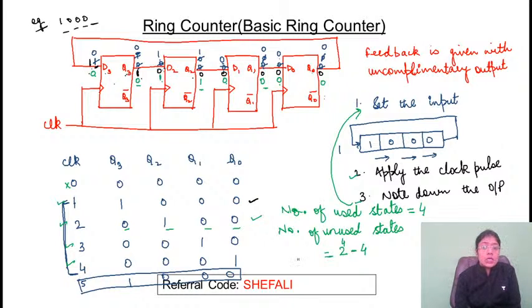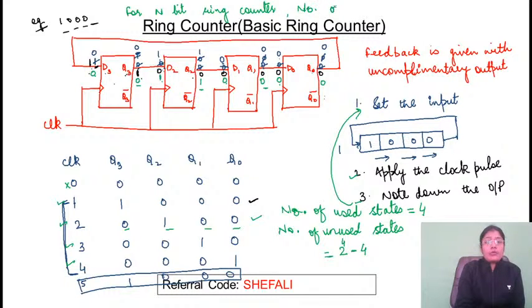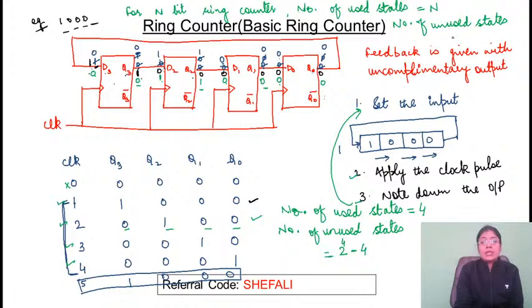So if you have to write it in general, for an n bit ring counter, number of used states is equal to n, and number of unused states is equal to total possible states, 2 raised to power n, minus n.